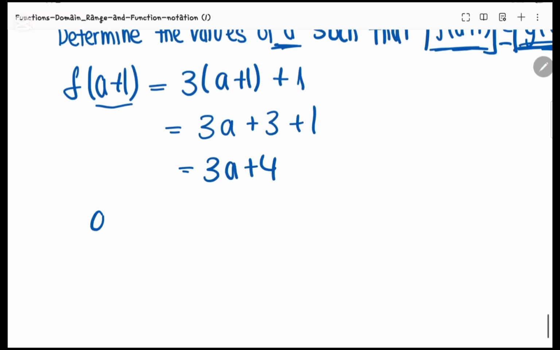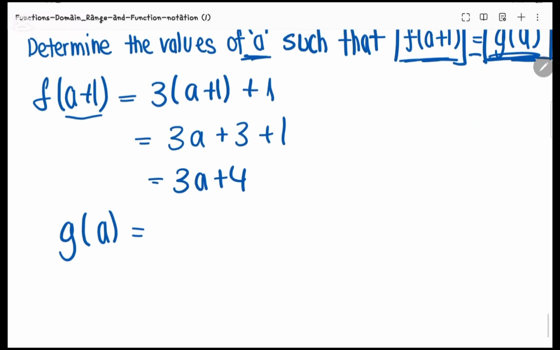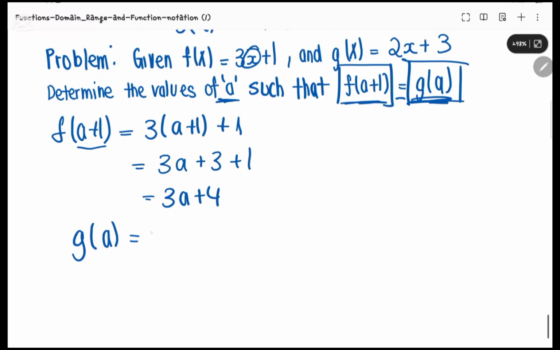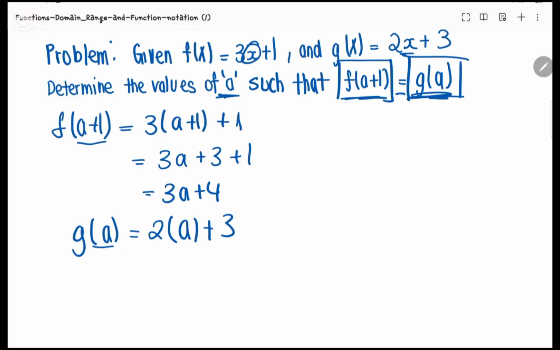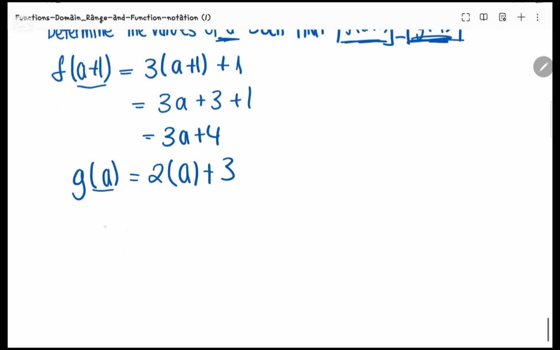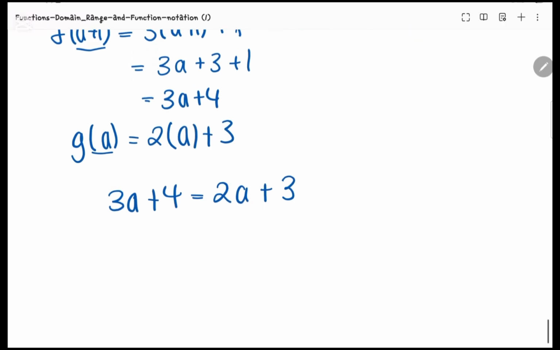Now g of a is going to be, again, plug in the bracket as x of g. There you go. So now we just set them equal to each other and solve for a. Move this over, and you get a equals negative 1.